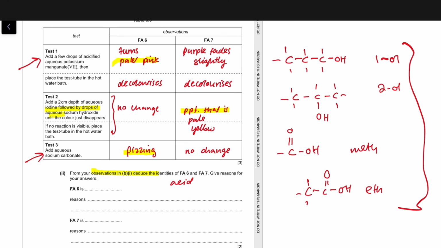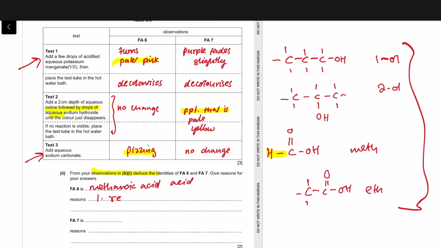However, for ethanoic acid, there is no hydrogen bonded to our carbonyl carbon, as you can see here, and therefore it would not react with our potassium manganate. So it cannot be oxidized further under normal conditions. So what we're going to say is Fa6 is methanoic acid.